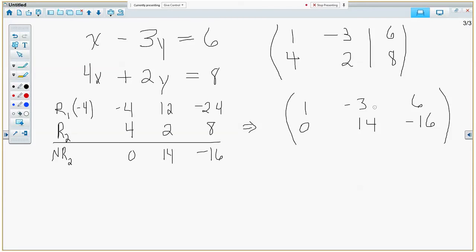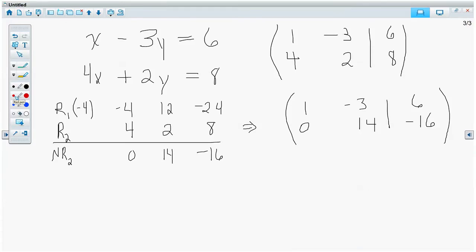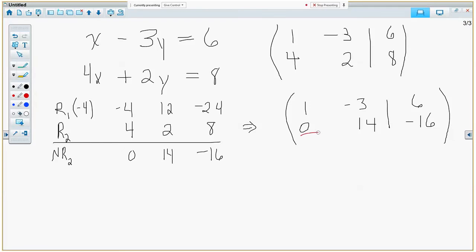Okay, how is the only way to get a 1 from a number 14? Divide the whole row by 14. You can do that in your head or you can write it out. But I'd put something in my notes to remember what to do. I'm going to put a red divide by 14, so that's what I'm doing it in my head.